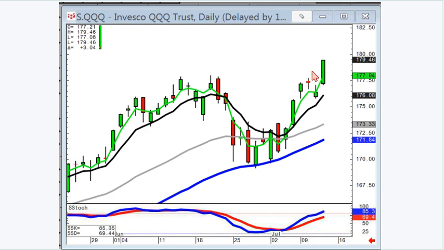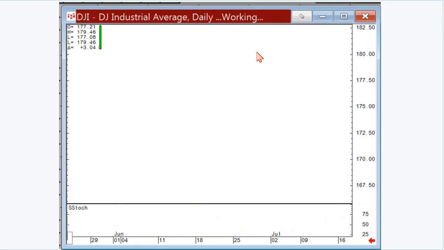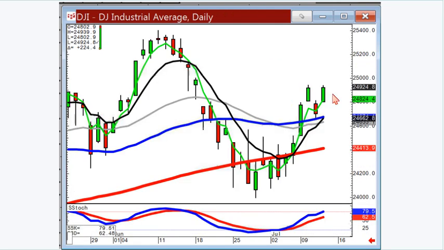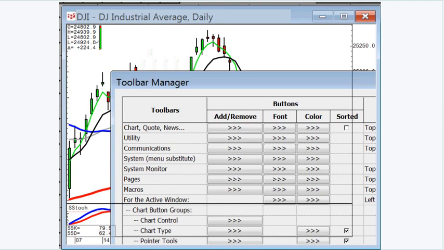So we saw the Qs trade at higher, I guess it's all-time high, as well as the Dow coming back up. And somebody asked earlier, how can you show the trend channel?